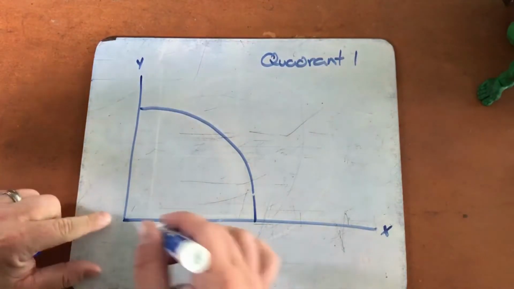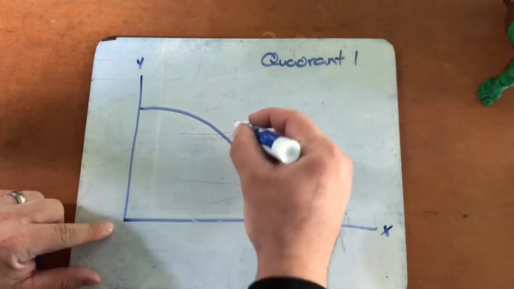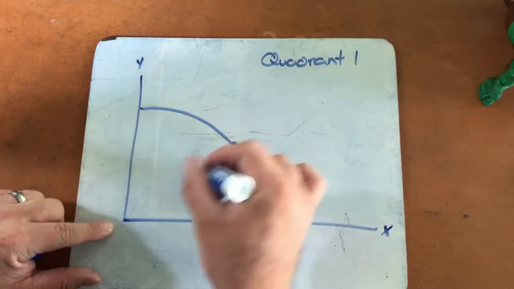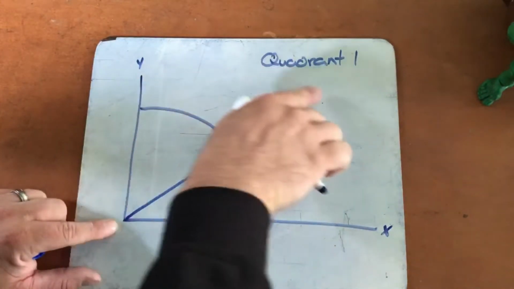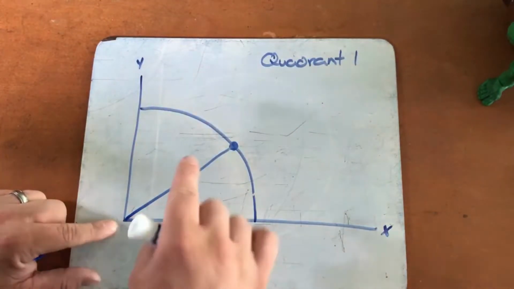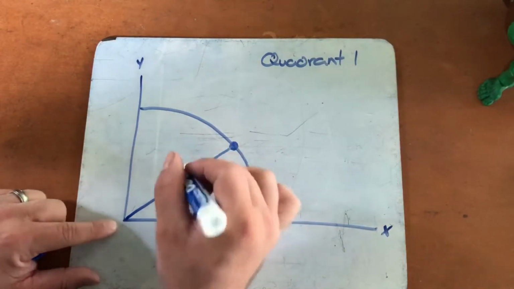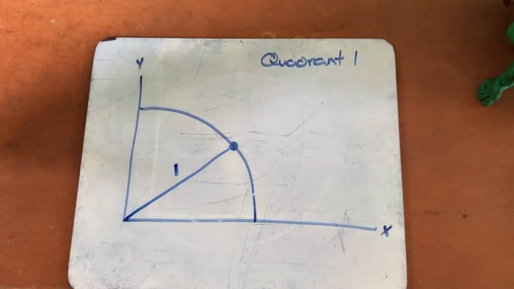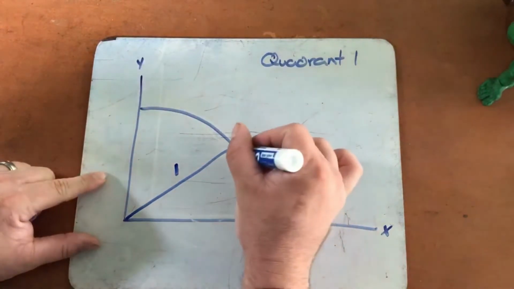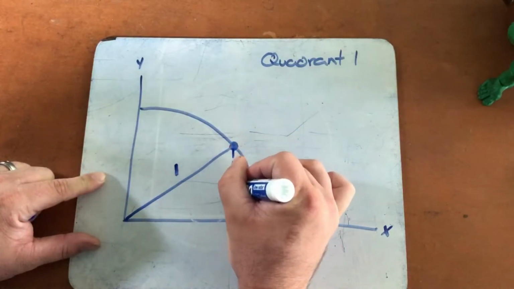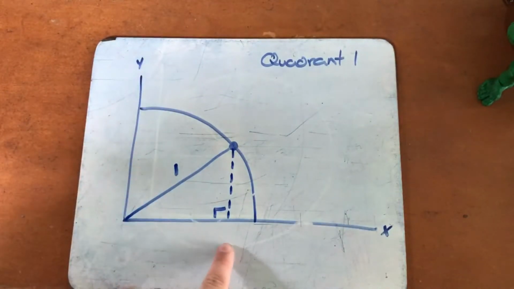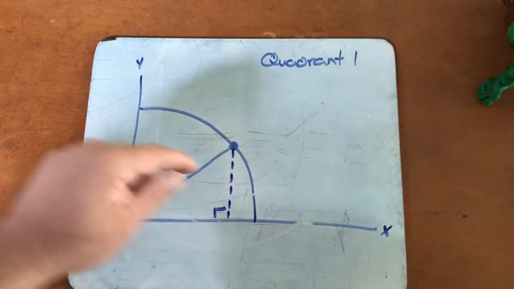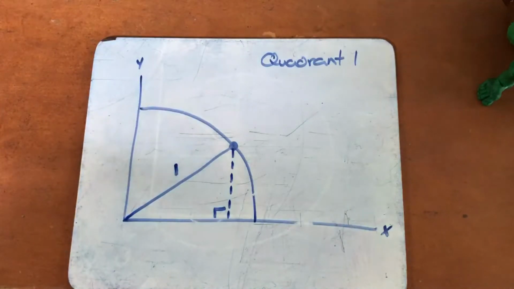All right, so the unit circle has a radius of 1. So that means that some point on the circle, if I draw a line from the center of the circle, so this is just in quadrant 1, this is a measurement of 1. It's 1 unit, okay? Now, what we're saying is that I can create a 90-degree angle using my x-axis and my y value with that radius of 1.